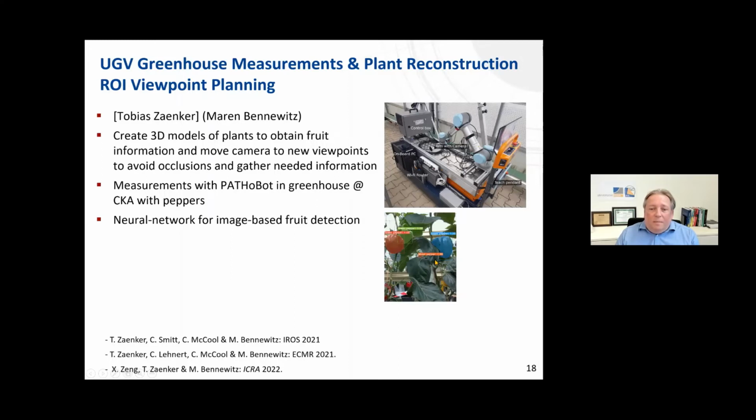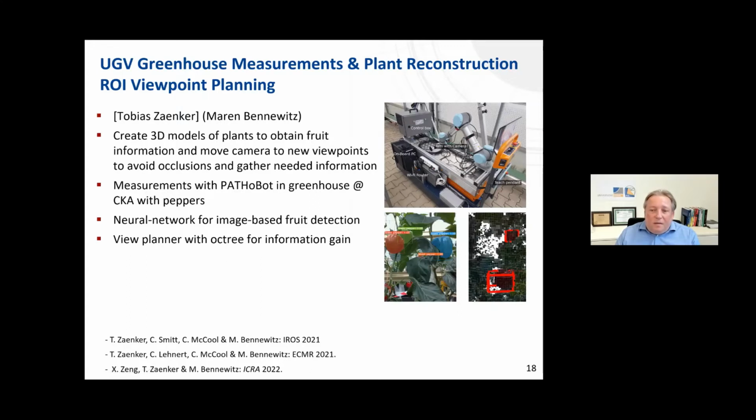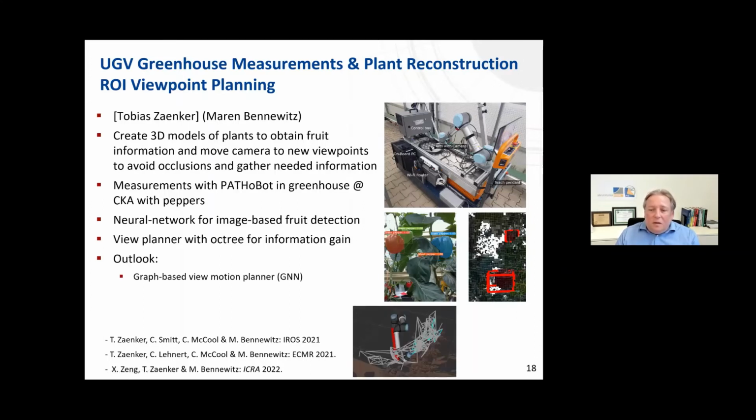And there is a neural network for image-based fruit detection. And the measurements are aggregated in 3D so that a view planner can answer the question, where should I move my camera next to get a more complete view? So that is answered in terms of information gain.